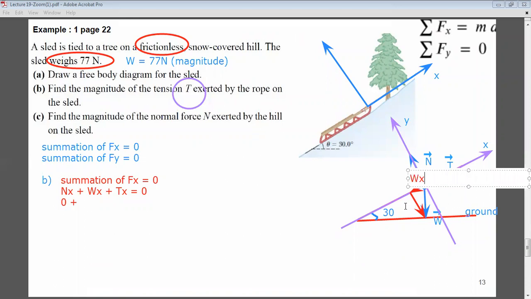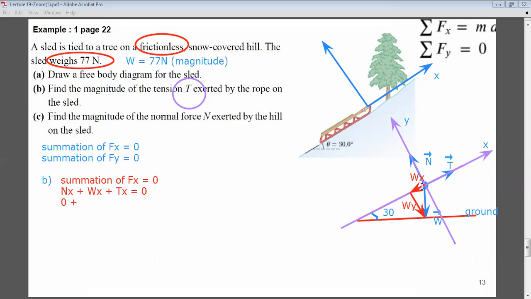And this one here is wy. Is it clear? Where's the wy? I'm trying. So this is wx and this is wy.